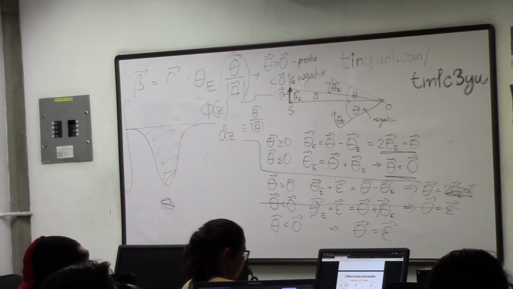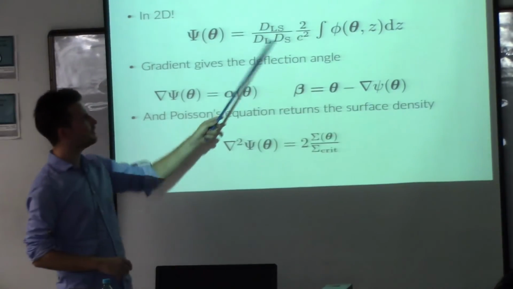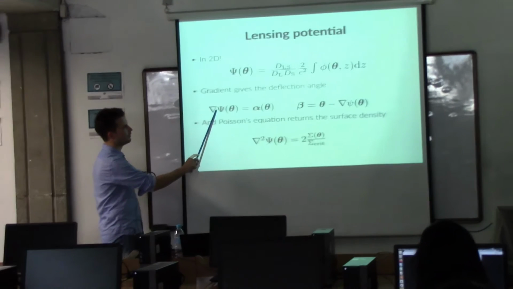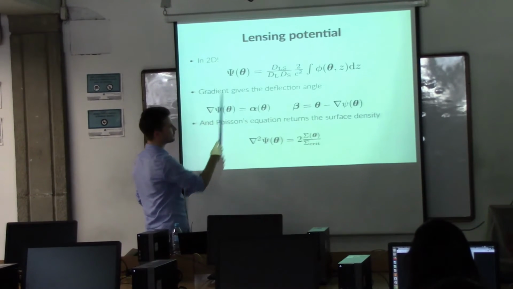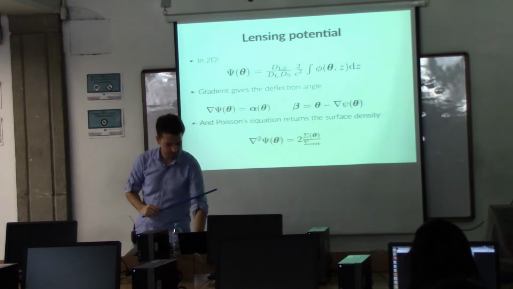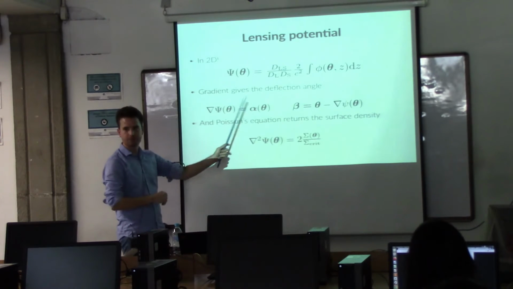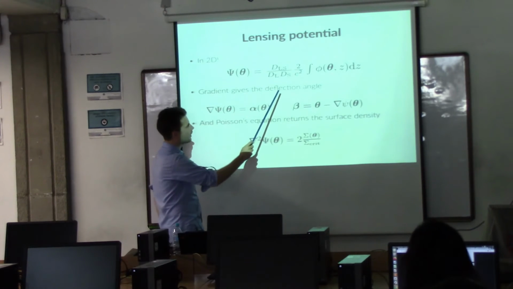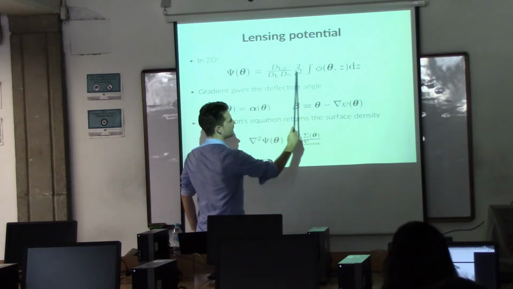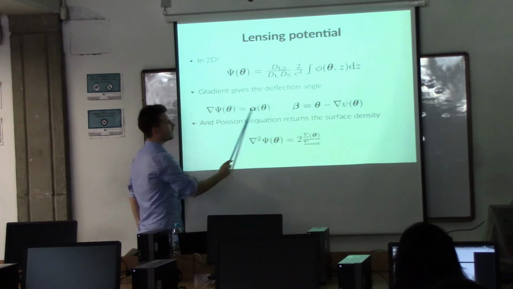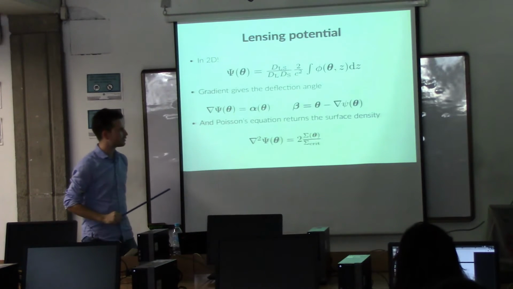And then there are two handy properties, because if you put these prefactors in, the gradient of the lensing potential gives you the deflection angle. And this is not very surprising. Because basically what this will give you, this is some sort of mass enclosed within the radius, and this is your deflection angle.